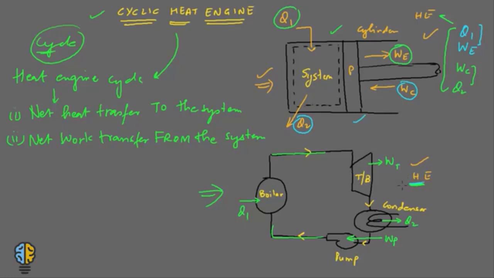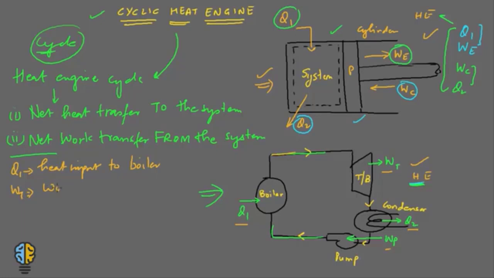Let's talk about the system and define these terms, Q1, WT, Q2 and WP. So Q1 is the heat input to the boiler. Now this hot vapor or hot steam goes into the turbine and you get some turbine shaft work output.